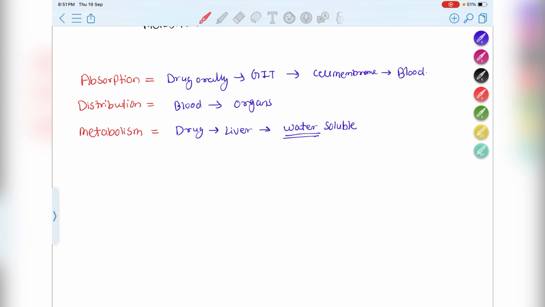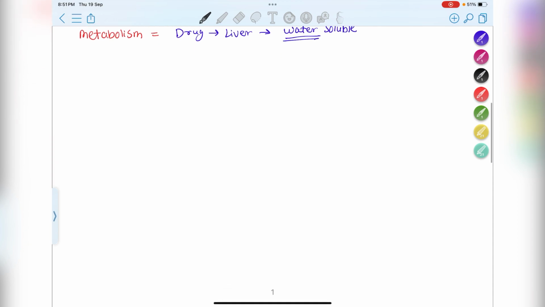So first we will see about the absorption in detail. Okay, the absorption. So what happens in the absorption?